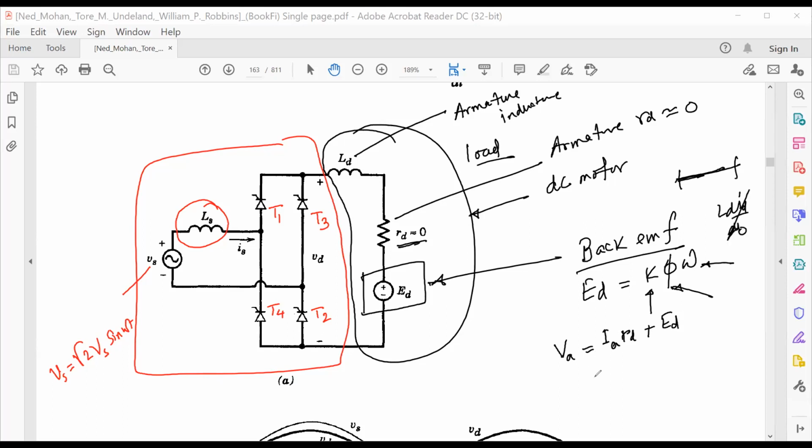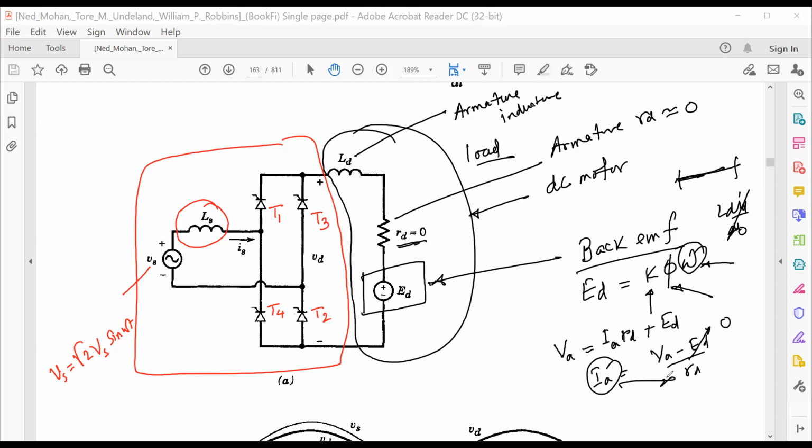So the armature current will be VA minus ED divided by RD. At the starting, the speed is 0, so the armature current will be very, very high. Have you learned it during the course of your DC motor?